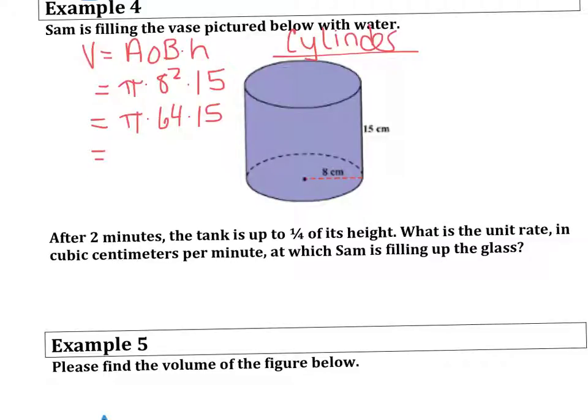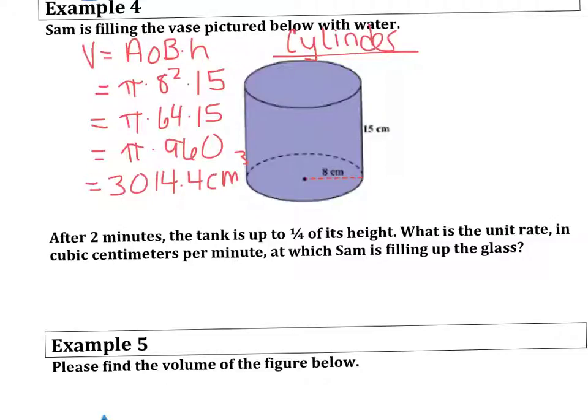And then 64 times 15 is going to give us 960. And then when I multiply 960 by 3.14, I get 3,014.4, and that would be cubic centimeters. So we've got the problem started.